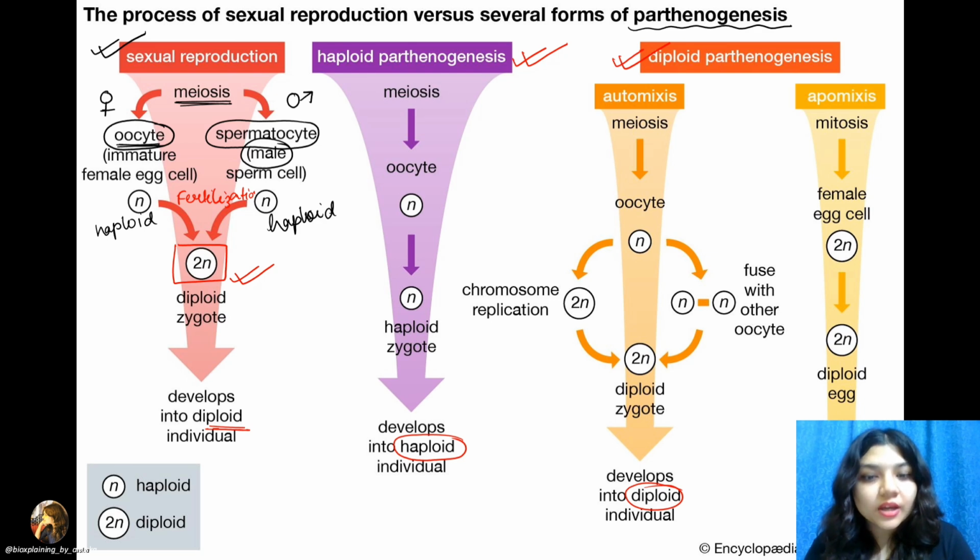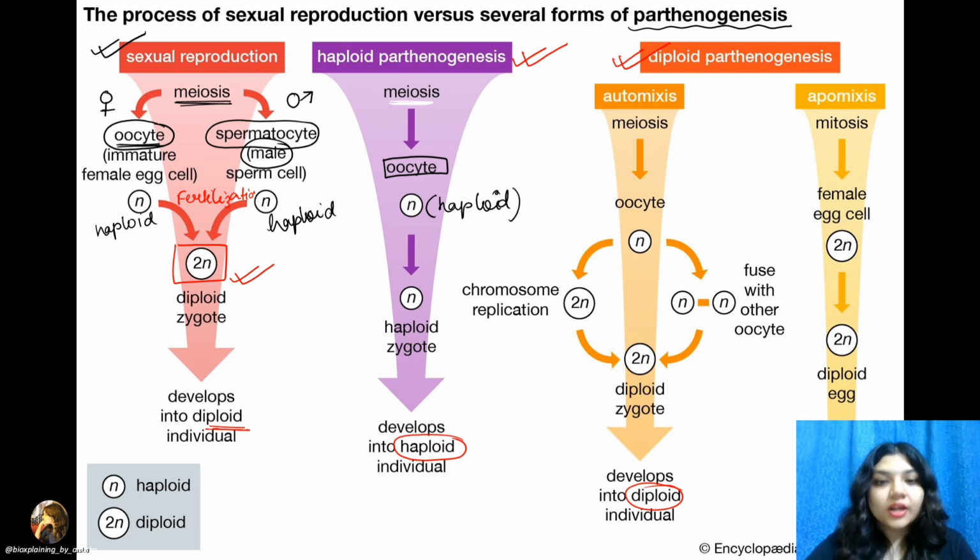ठीक है? Now, haploid parthenogenesis देखो. क्या है इसमें? That meiosis is happening in the organism, and after meiosis is occurring, then the oocyte is formed. तो oocyte क्या हुआ? oocyte हो गया haploid, right? Now oocyte will grow, that it will still be a haploid zygote only.